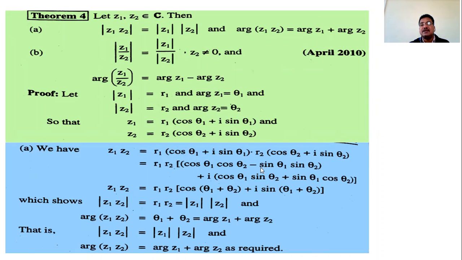So write first that step, and then substitute i square as -1, and then cos theta1 cos theta2 minus sin theta1 sin theta2 in one bracket, and plus the remaining two terms, that is cos theta1 sin theta2 and sin theta1 cos theta2, taking i as the common coefficient.